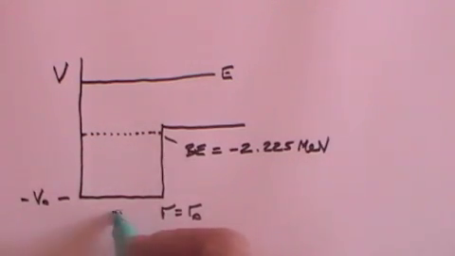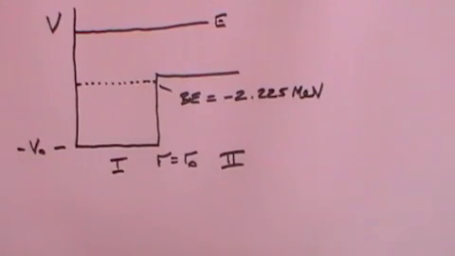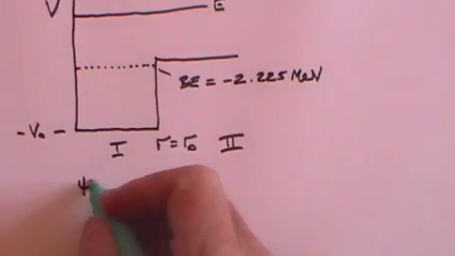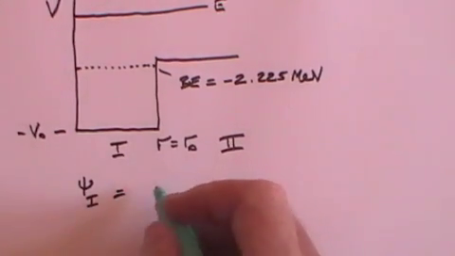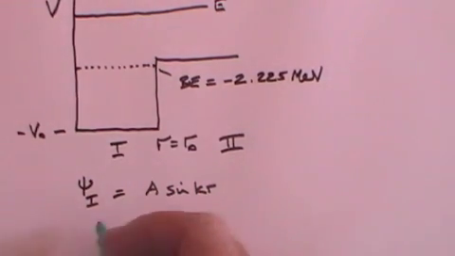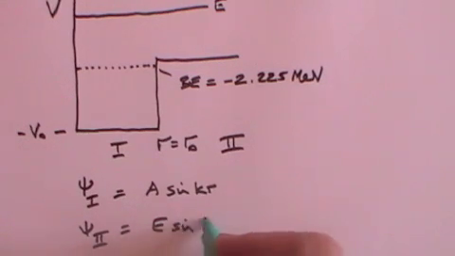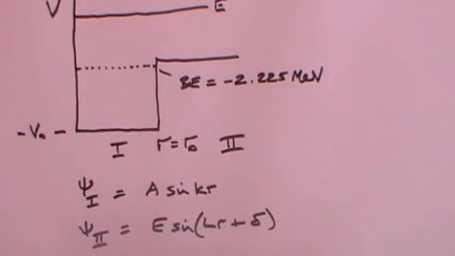And once again you get this kind of two-region concept, the region inside the nuclear potential, the region outside the nuclear potential, and we develop two equations. The wave function inside we said was the familiar A sine kr term, and the wave function outside was B times the sine of Lr plus delta, and delta we said was the phase angle.